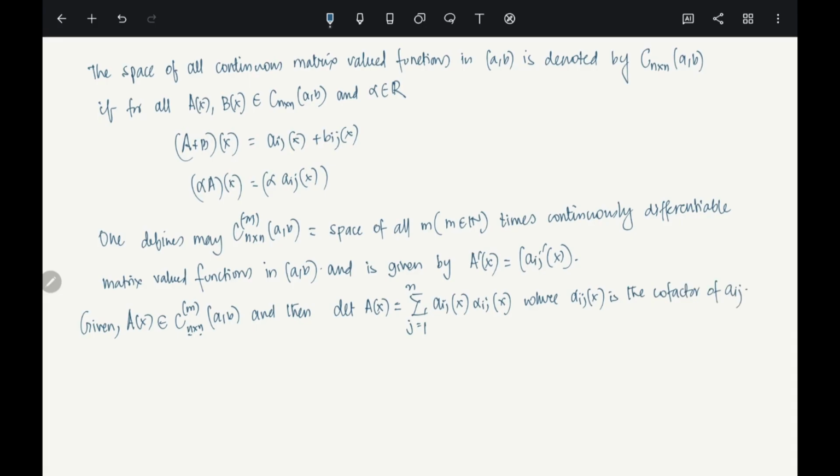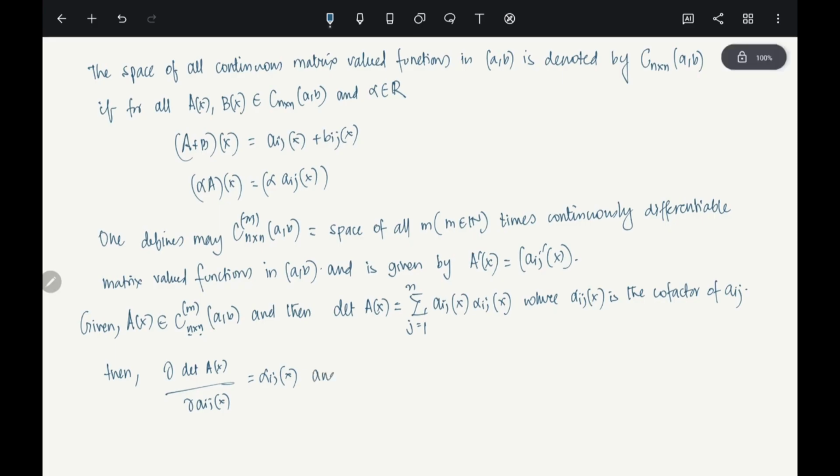Okay, right. Now once that is true, we want to write down what is the partial derivative of the determinant of A(x) with respect to a_ij(x). If you do that, this is nothing but alpha_ij(x), right? It follows easily because every other thing is becoming 0 and the only thing which is remaining is alpha_ij.